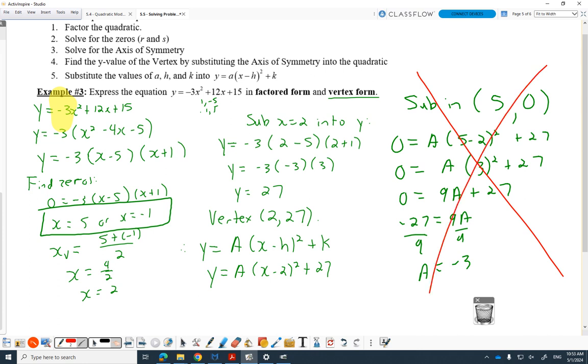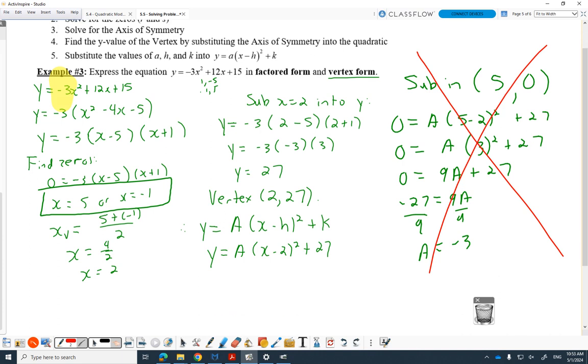You already had the a. I'm not saying don't do it. I'm just saying it is possible to have seen through this situation. And right there, already go y equals negative 3 times x minus 2 squared plus 27. I knew a when this question started. I didn't need to solve for a at the end. It's good?